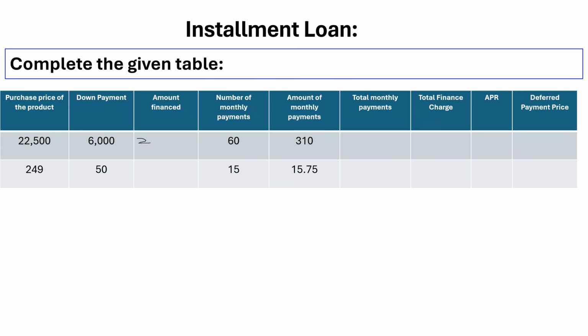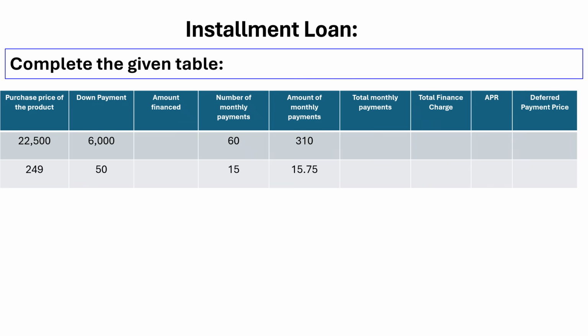How do we calculate total amount finance? Purchase price of the product minus down payment, that means 22,500 minus 6,000.